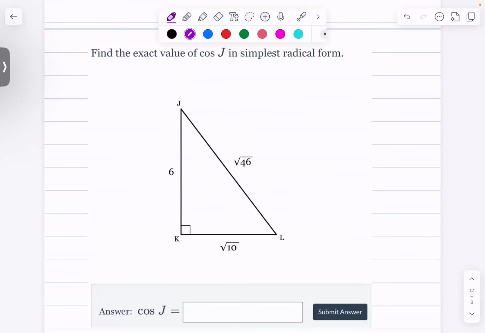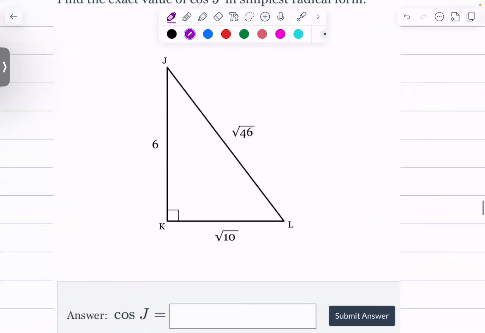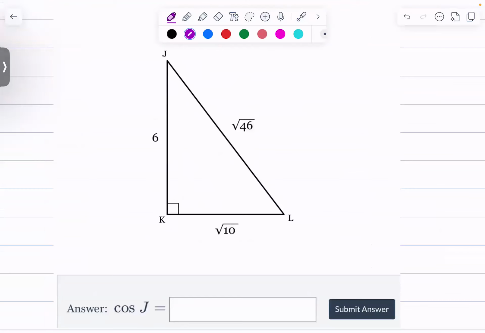Let's do this one. Find the exact value of cosine of J. So we're looking for the cosine of J. In terms of angle J, opposite the 90-degree angle is your hypotenuse. Opposite angle J is your opposite side, and that's your adjacent.